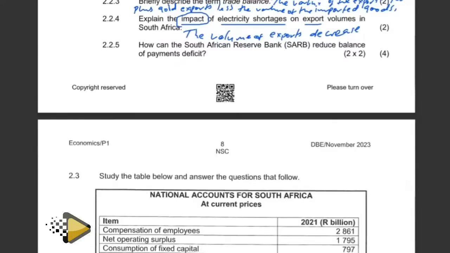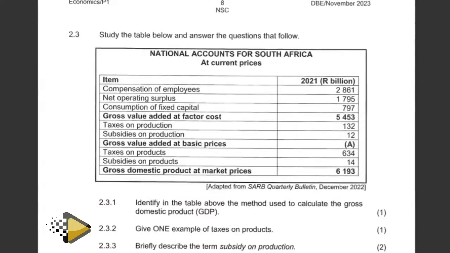Okay, right. So now moving on to 2.3. 2.3 reads as follows: Study the table below and answer the questions that follow. So now we are given this set of transactions. We have national accounts for South Africa at current prices. We have the item: compensation of employees, net operating surplus, consumption of fixed capital.